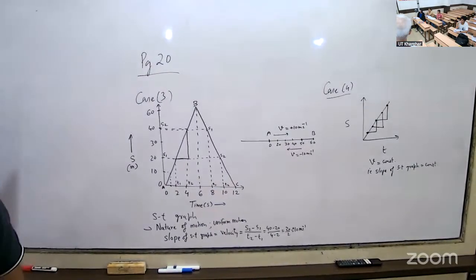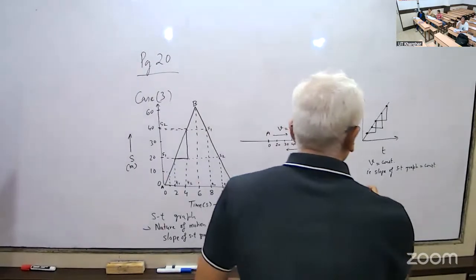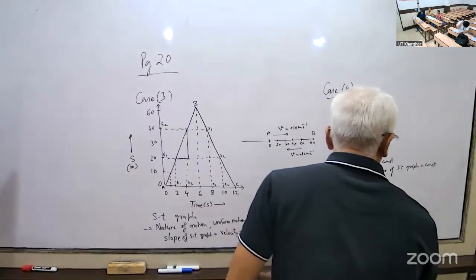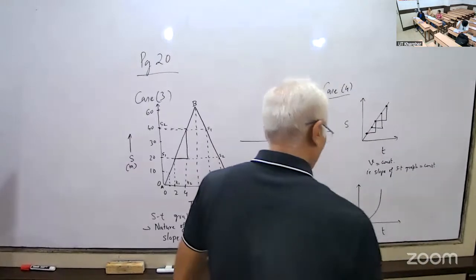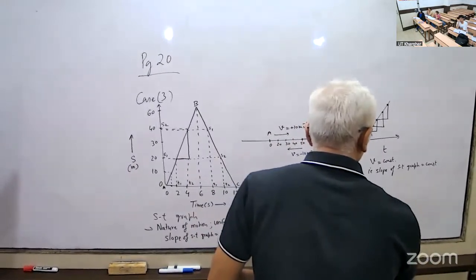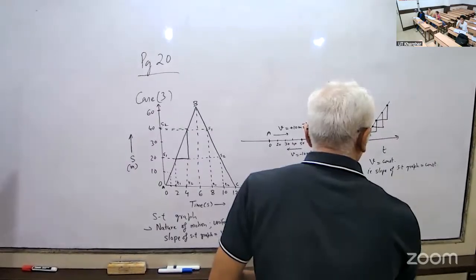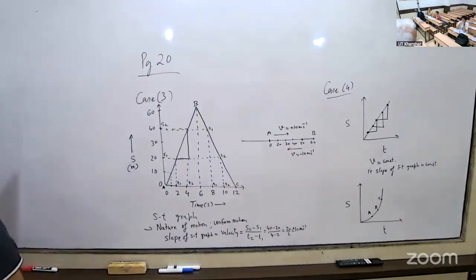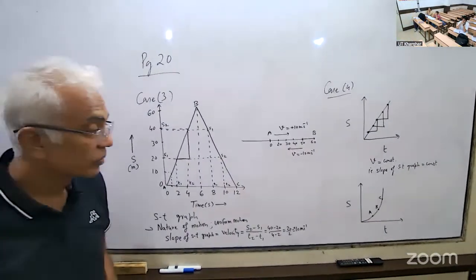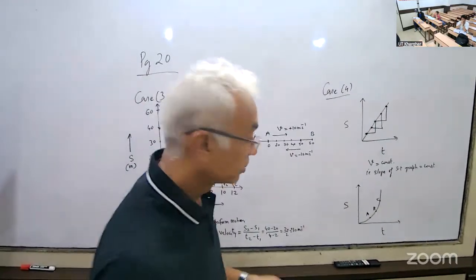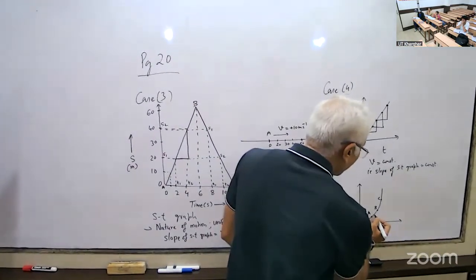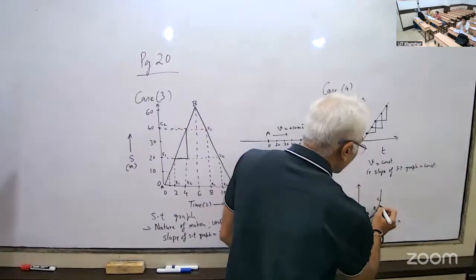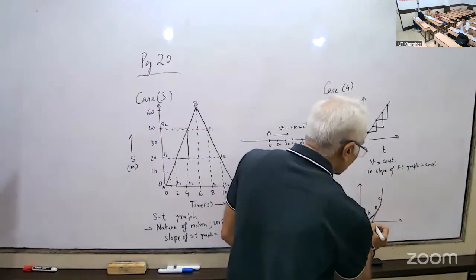Case 5. Now I change the graph like this. Now what is happening? Is it a straight line? No. So it is a non-uniform motion. What about the slope? Non-uniform slope. Slope is always the tangent at that point, right? Draw a tangent here, a tangent here, and a tangent here.